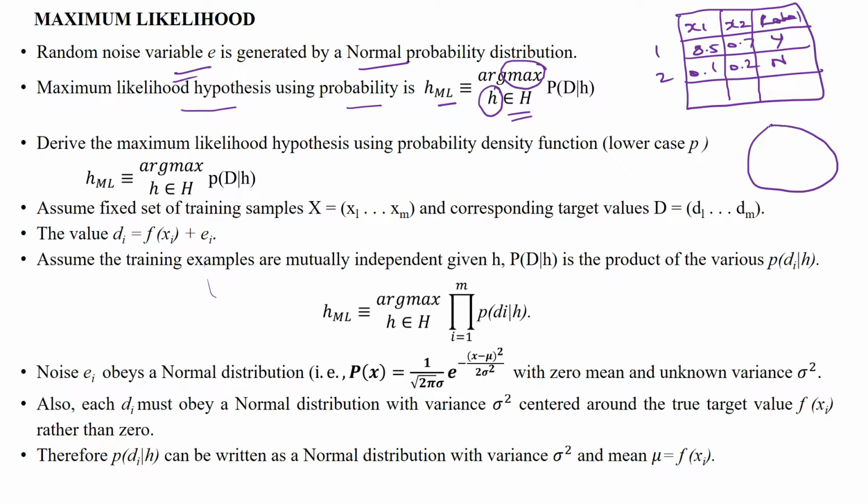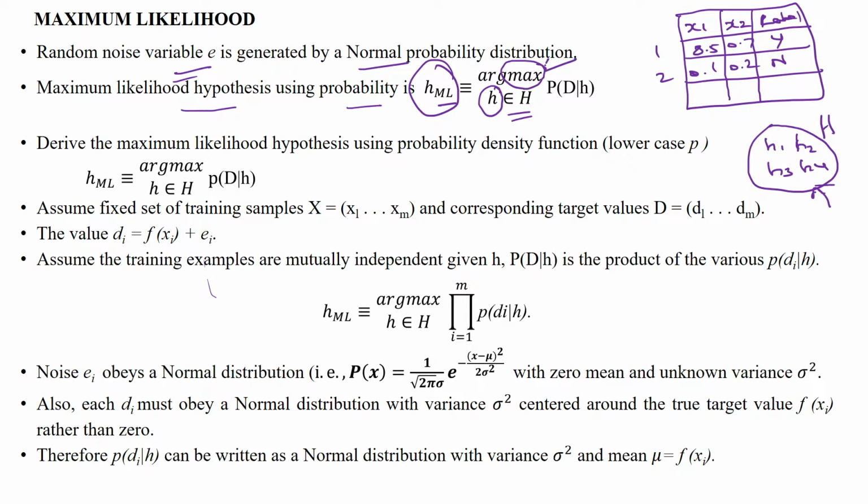Assume we have h1, h2, h3, h4, four hypotheses in the hypothesis space. Whichever hypothesis provides the optimal solution with minimum error will be called the maximum likelihood hypothesis.